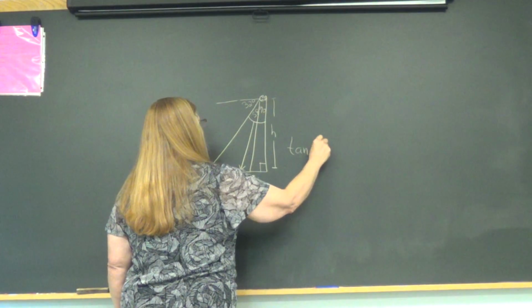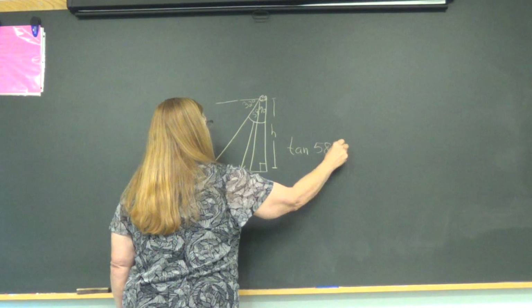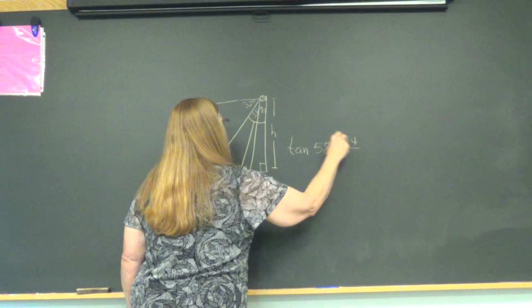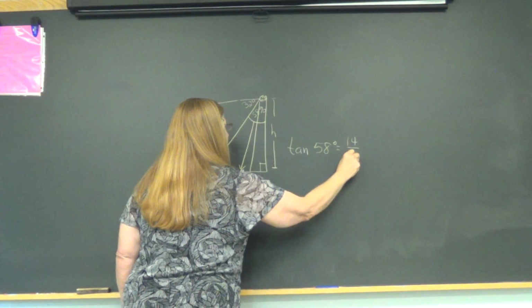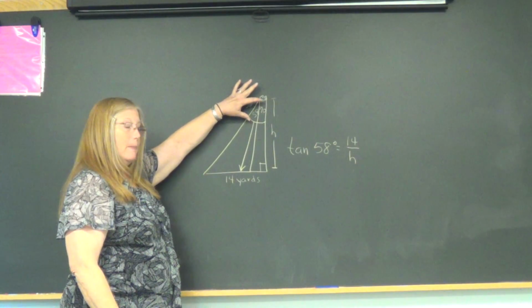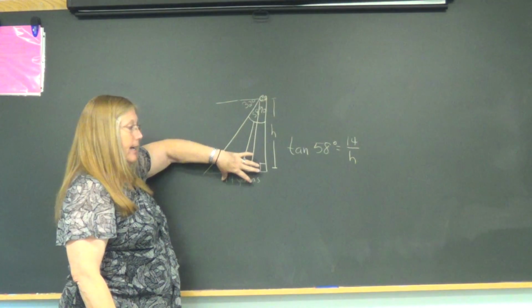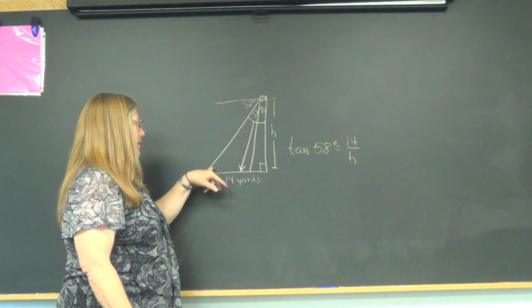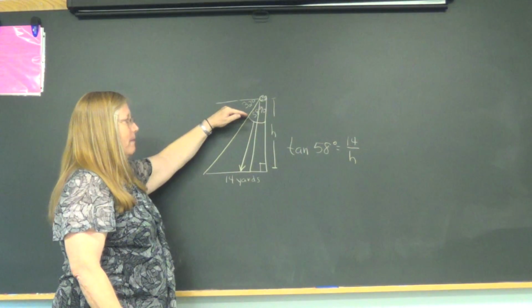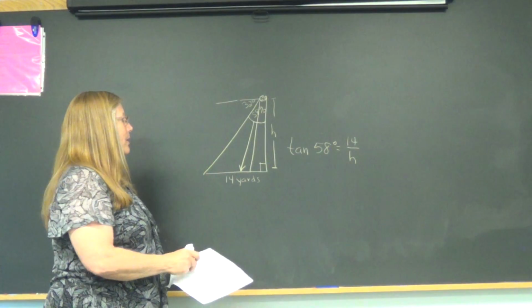Tangent of the angle, 58 degrees, is side opposite 14 over the adjacent h. Notice when we're coming from the perspective of this angle, this is side opposite. If we knew this angle, this would be side opposite. So it all is from the perspective of the angle in the picture.